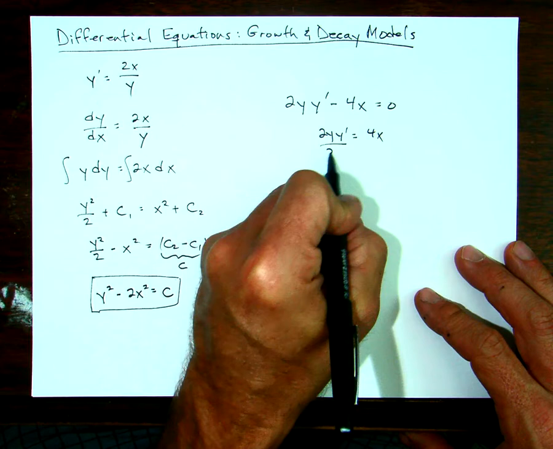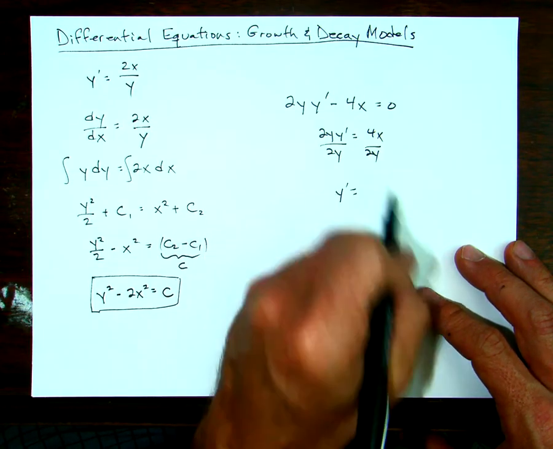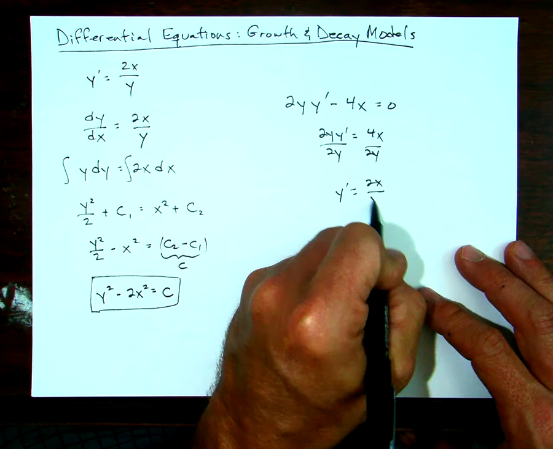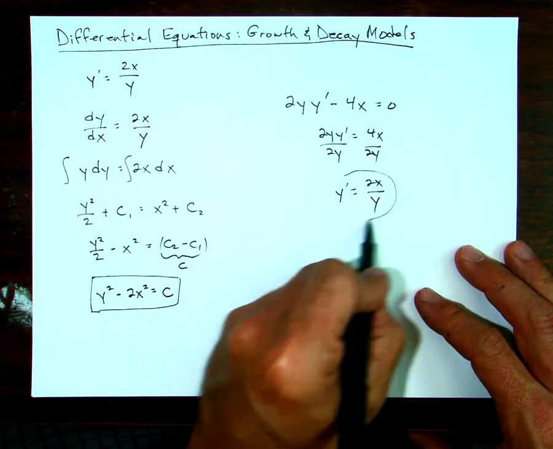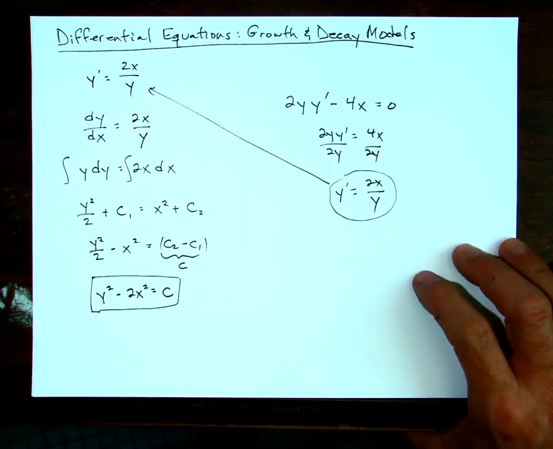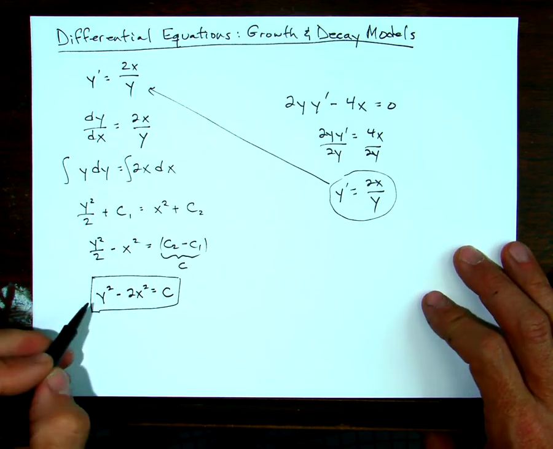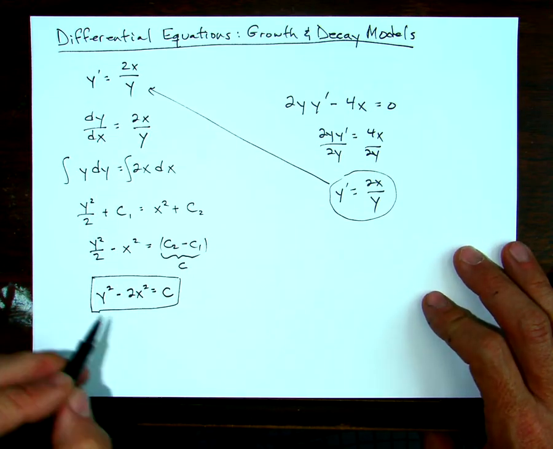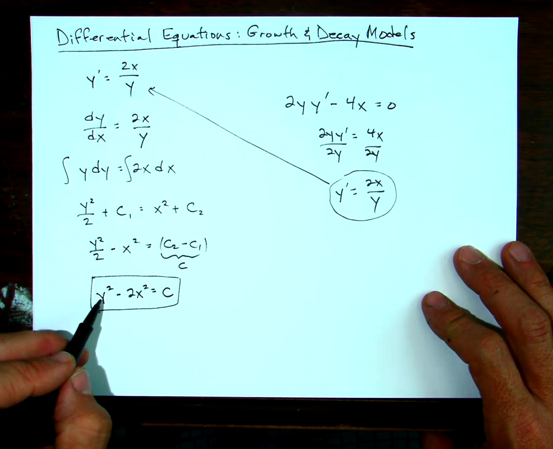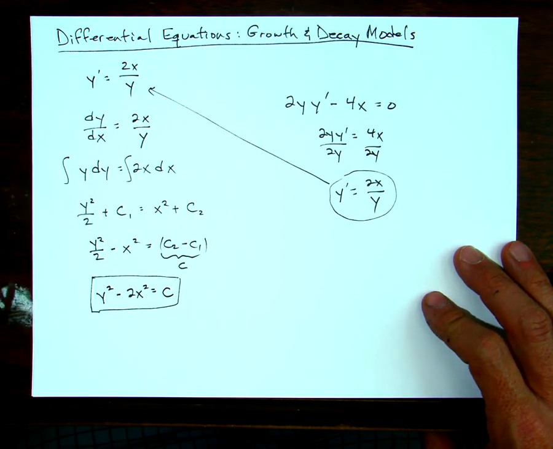Divide both sides by 2y. y prime equals, and if I simplify, I get 2x over y. So indeed, this is a solution to that differential equation, because if I take this expression, which is not a function because of the y squared, and take the derivative, it does behave this way. The derivative is 2 times the ratio of x to y.